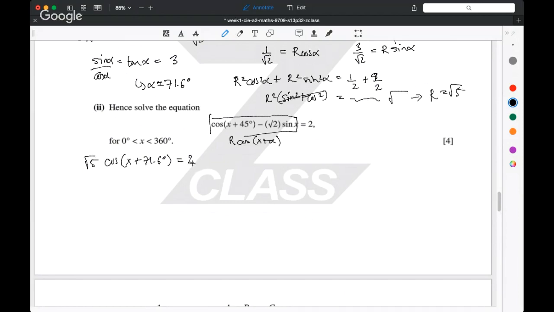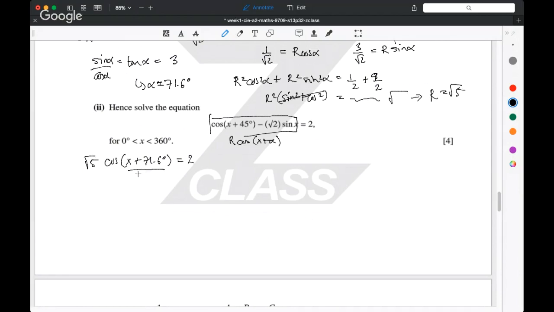And here's where you need to be really, really careful, because you remember all these problems where you're trying to find solutions with trigonometric functions, and there turn out to be several solutions within the range. Now this is even harder than that, because the argument of the cosine, the thing that's actually varying, is this x plus 71.6.